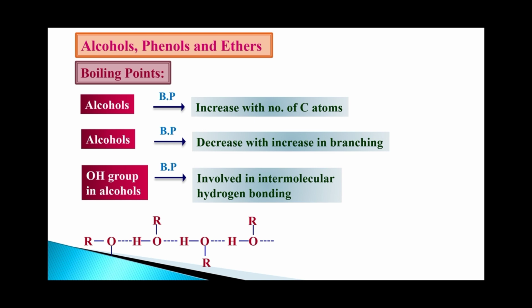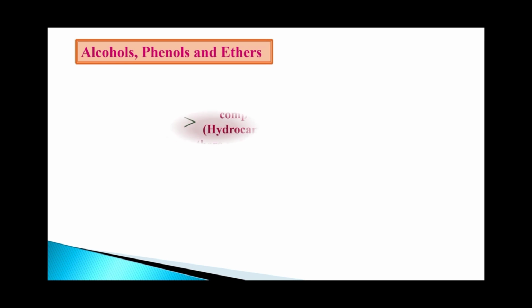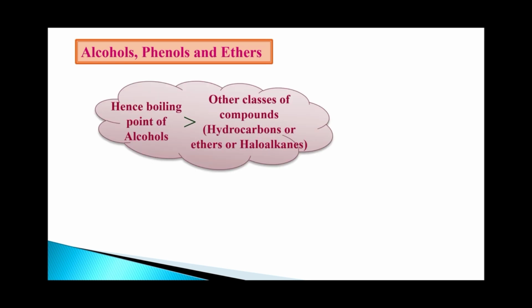The boiling point of alcohol is higher than that of other classes of compounds, for example hydrocarbons, ethers or haloalkanes. The main reason is the intermolecular hydrogen bonding present in alcohol. Hence, more energy is required to break the hydrogen bonds than to evaporate the molecule.